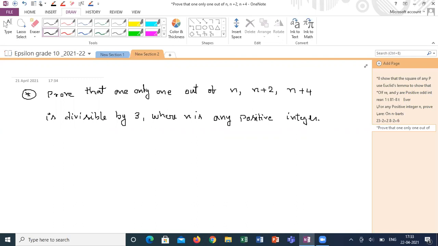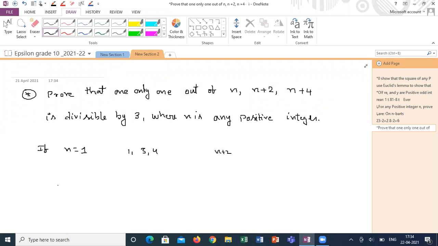If I am taking n equal to 1, I will get the numbers 1, 3, 5. So here 3 is divisible by 3.